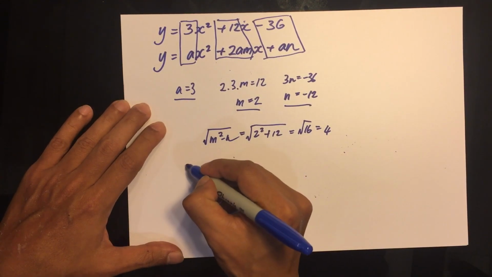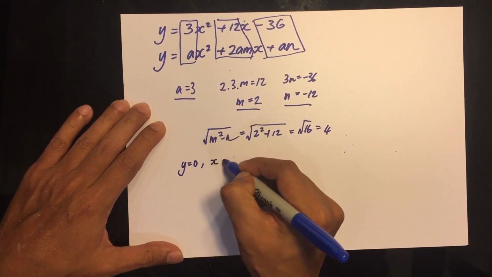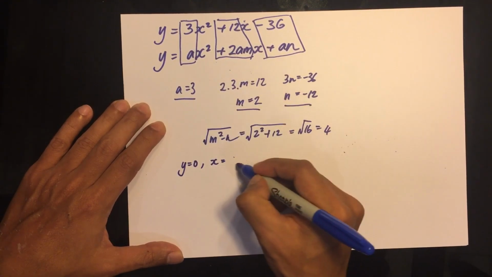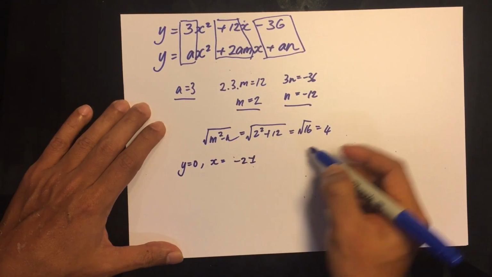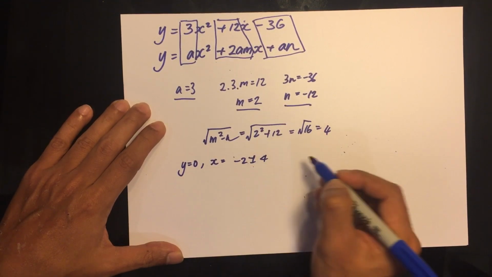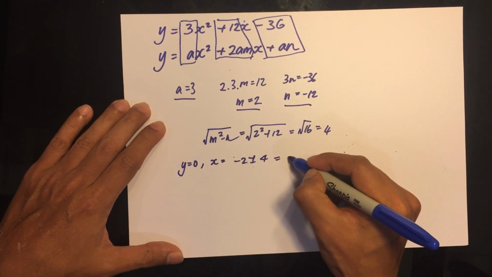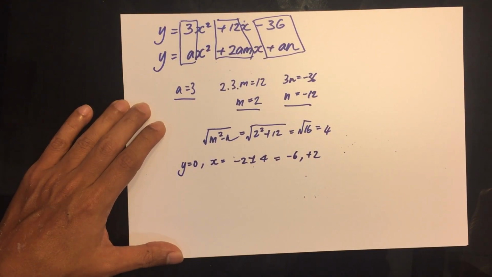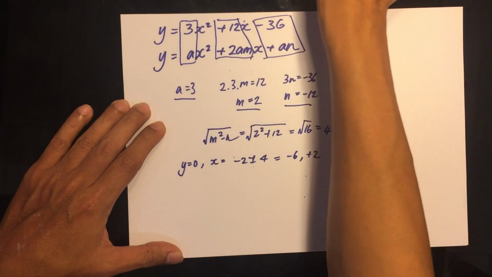So the roots of the equation, if y equals 0, are x equals negative m, which is negative 2, plus minus 4, and that's negative 6 or positive 2. You can use this to very easily, very quickly plot a graph.